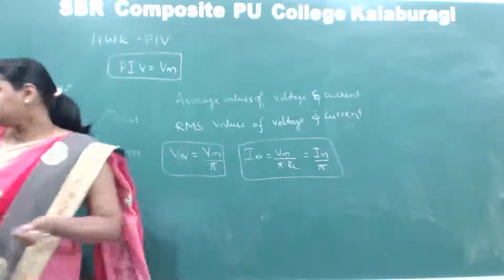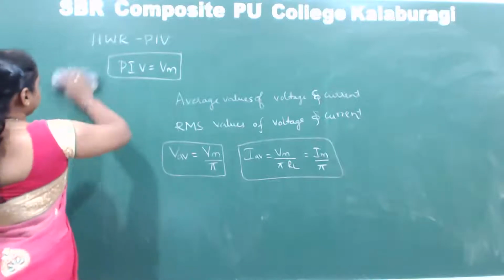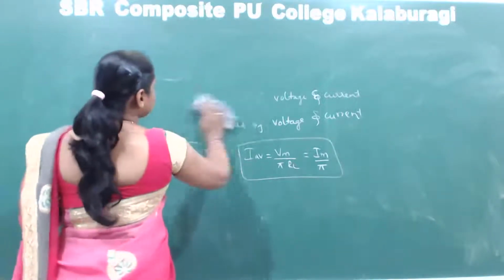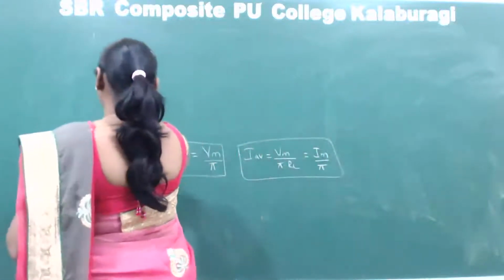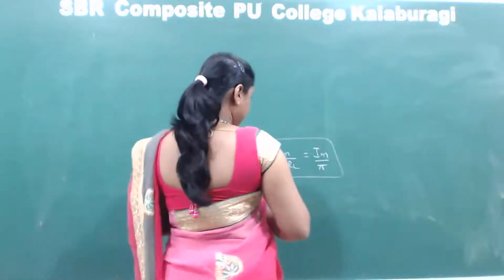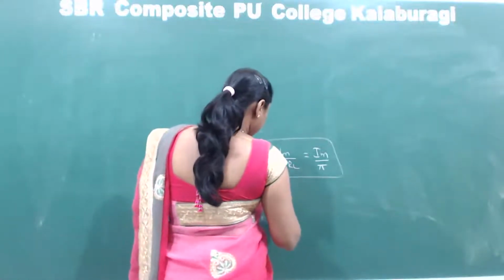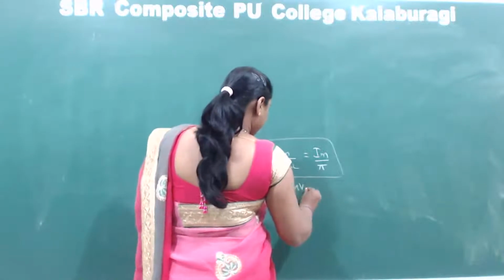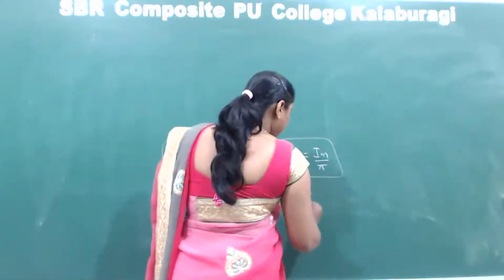This can also be written as I average is equal to V average, where V average is again Vm by pi, divided by RL.